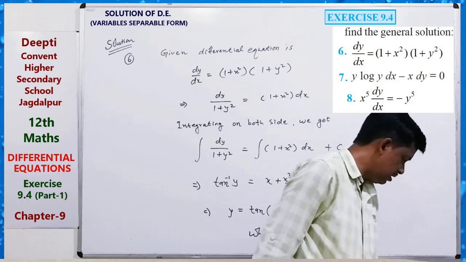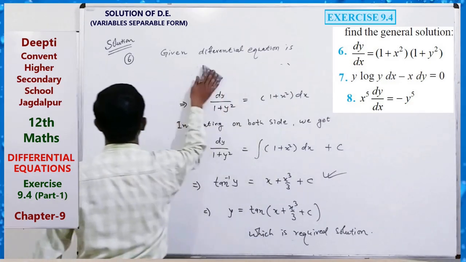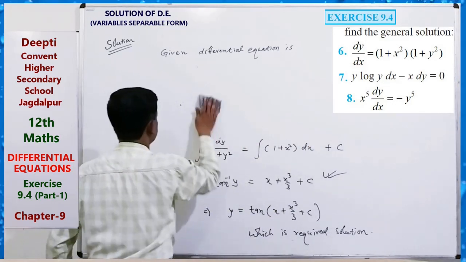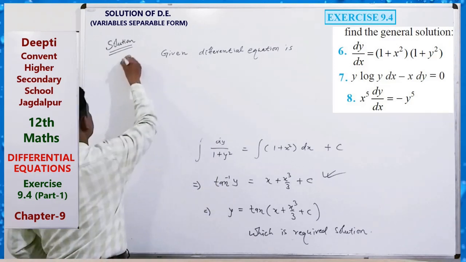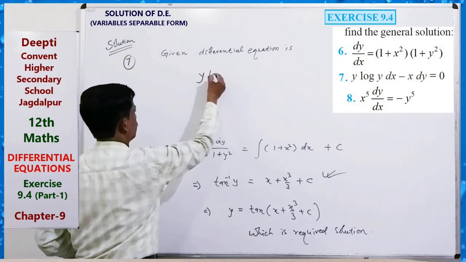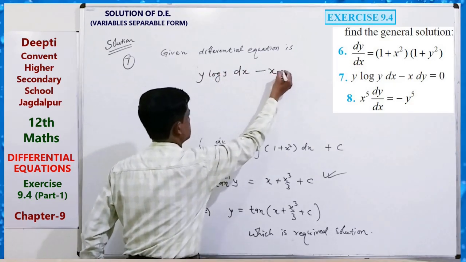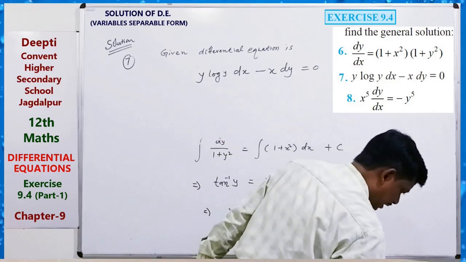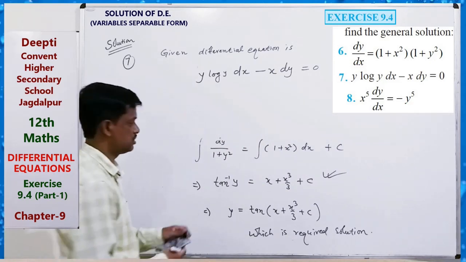Take question 7: y log y dx minus x dy equals 0. This is the given equation 7.